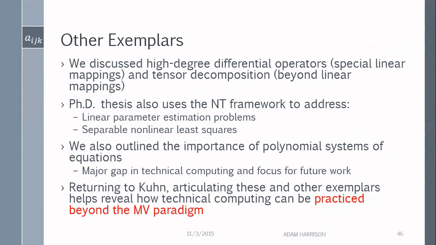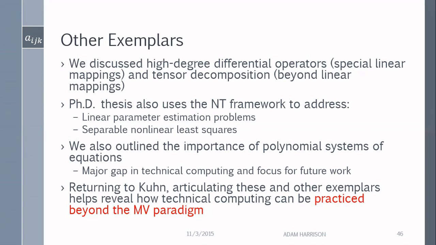Apart from the exemplars discussed in this talk, the PhD thesis also uses the numeric tensor framework to address linear parameter estimation problems and separable nonlinear least squares. We also briefly outline the importance of polynomial systems of equations.